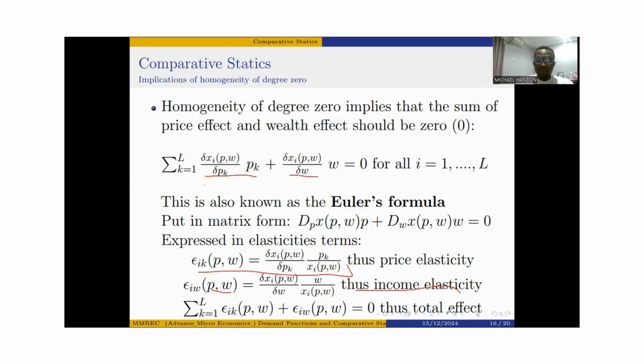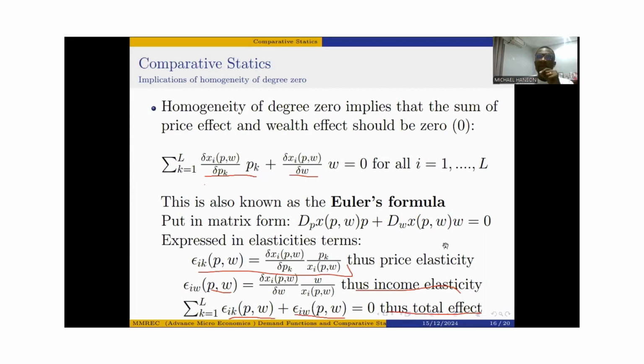The total effect is going to be a combination of price effect and wealth effect, and that is what you call the total effect, which will be 0. So the homogeneity rule is very critical in understanding how the price effect and the wealth effects behave, such that if the price changes by the same margin as the wealth, then there should be no effect on demand.